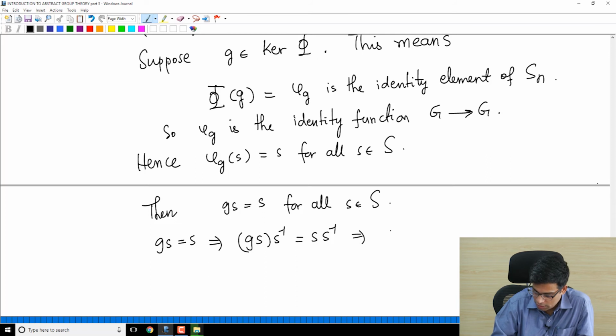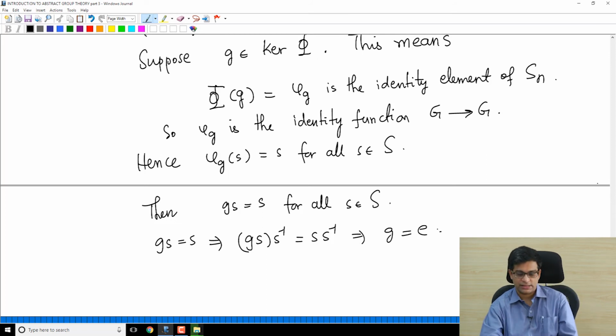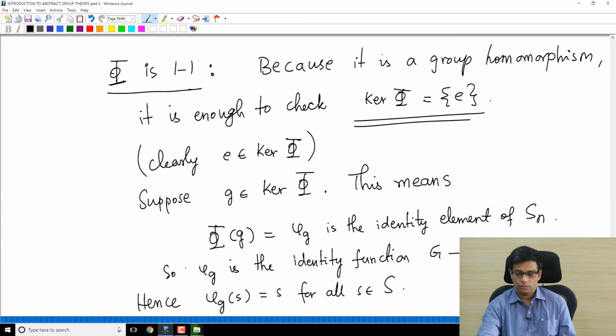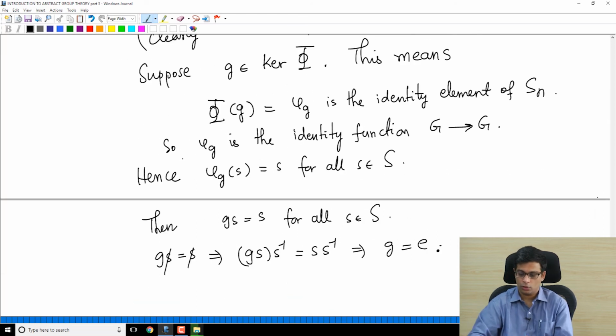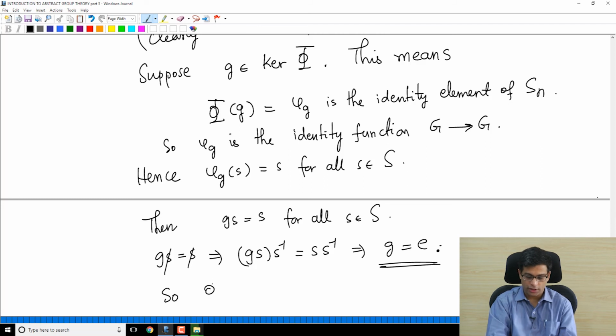This implies g equal to e. This is the cancellation property, right? We can cancel s, that's the point. So g equal to e. Isn't that what we wanted? We said that kernel is identity only. We started with an arbitrary small g in kernel phi and we concluded that it is equal to e. So capital phi is 1-1.